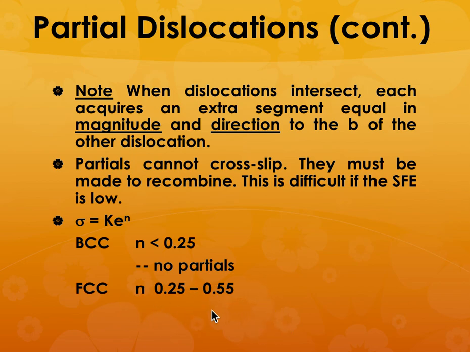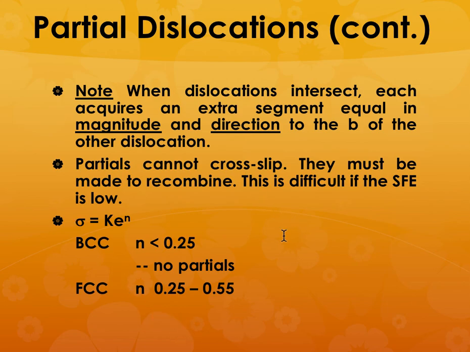If n is less than 0.25, then there are no partials in BCC. So you can see that in a BCC type of material, it is very hard for you to deform a whole lot. You have to make it into an FCC type of structure.